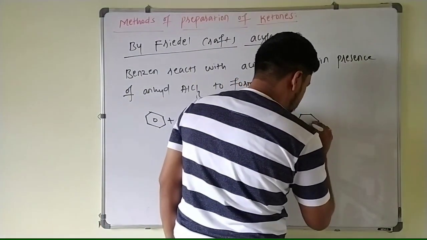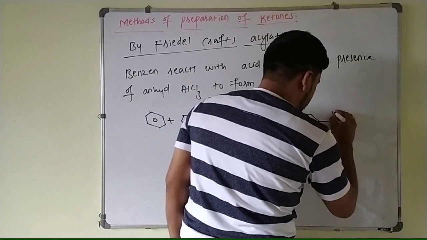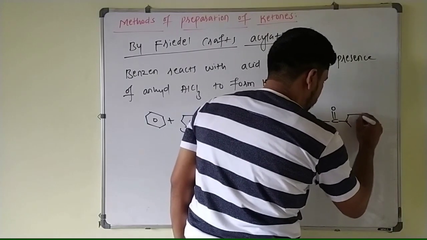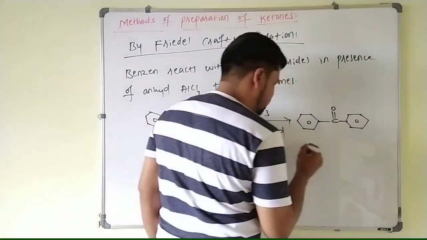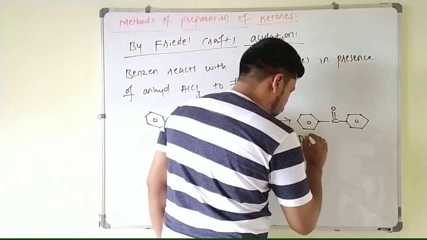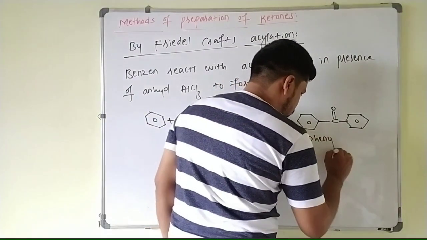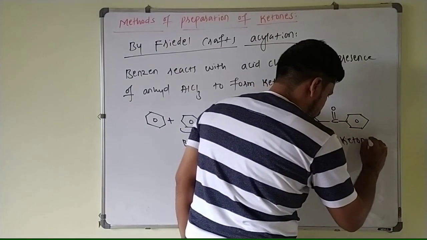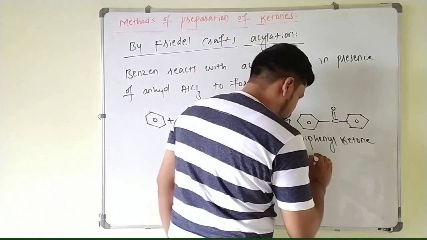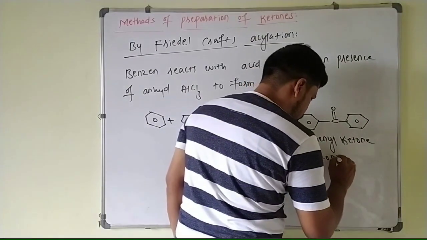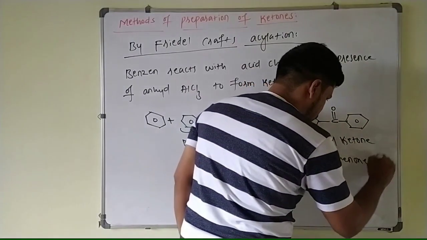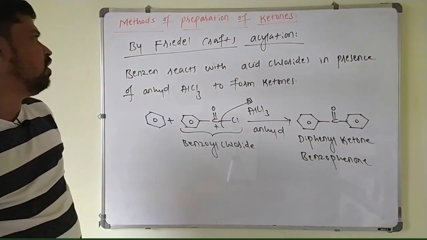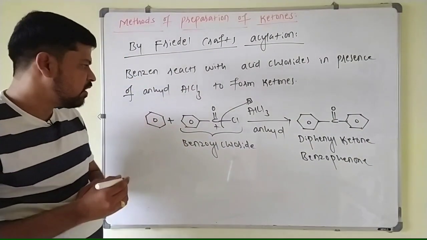Here one carbonyl group is attached to benzene ring here. So this is your diphenyl ketone, also called as benzophenone. So this is the preparation of ketones by the Friedel-Crafts acylation.